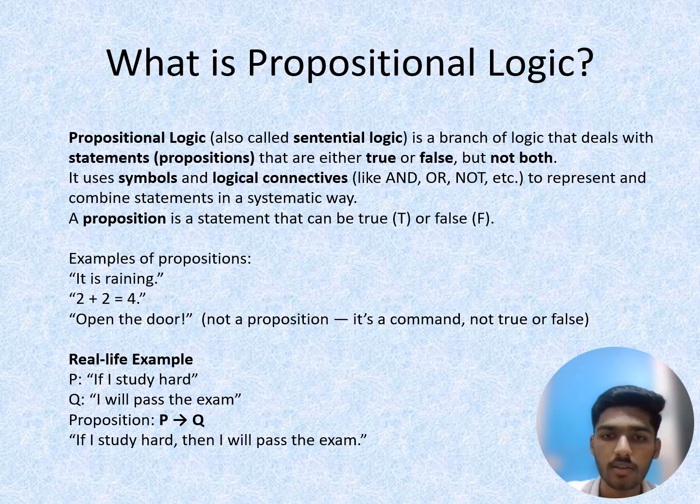Either it is raining or it is not. 2 plus 2 is equal to 4 is also a proposition, a true one. But look at the last example. Open the door. This is not a proposition. Why? Because it is a command. It can't be true or false. Propositional logic can only handle those simple true and false facts.